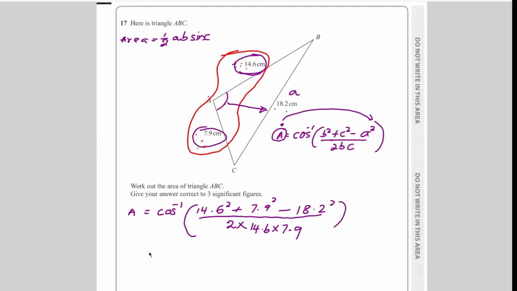So it is 103.96 degrees, which means 104. So we have this angle now.